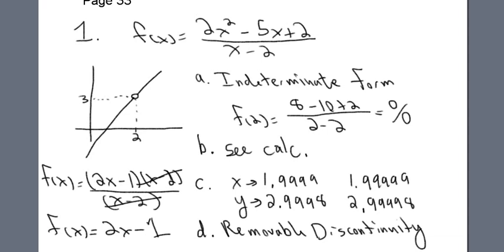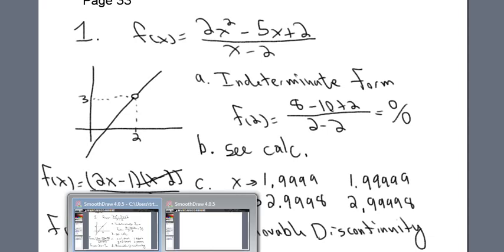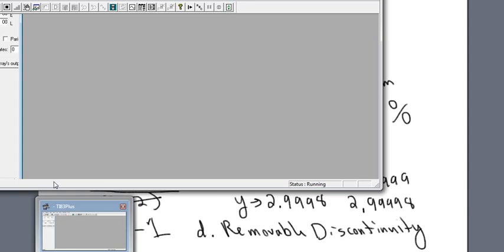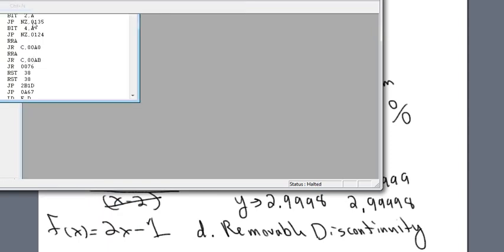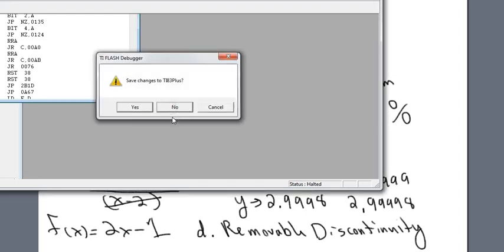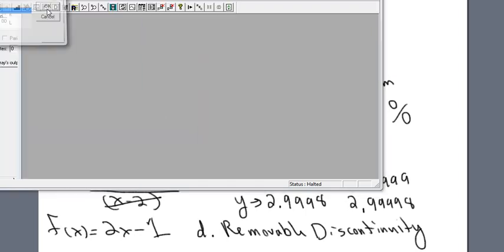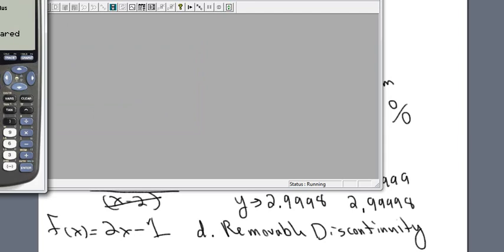If I were to plug this into my calculator, find it real quick, where'd it go? Not sure where my calculator went. Gotta load up a new one. There we go.